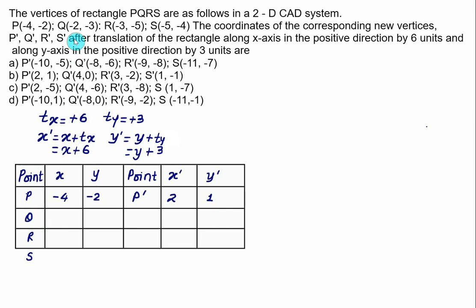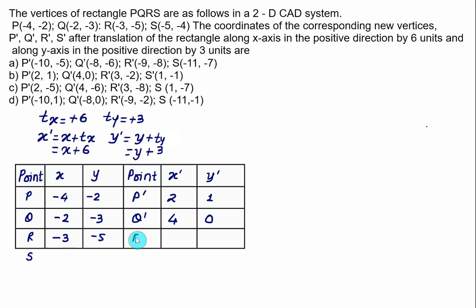Then we have Q equal to (-2, -3), -2 plus 6. So we have Q prime: -2 plus 6 is 4, and -3 plus 3 equal to 0, so (4, 0). Then we have R as (-3, -5).